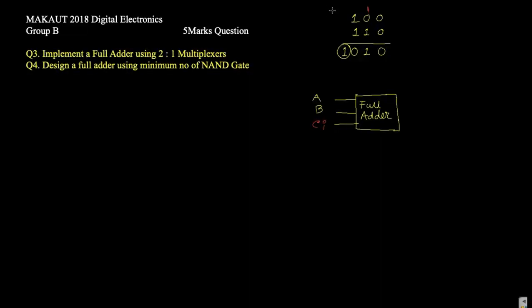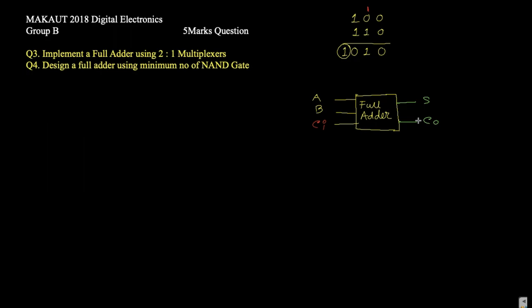That means there is some provision for taking the carry for addition in the 3-bit number. We need some provision for taking the carry into consideration as the input, and the output is, obviously, sum and carry. This is sum, this is carry out.